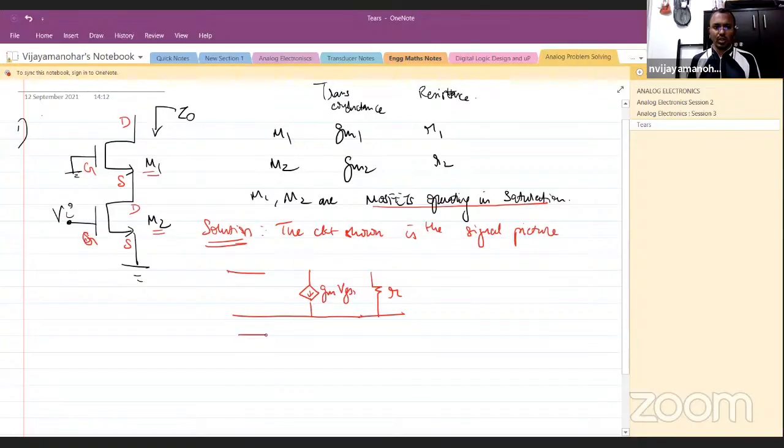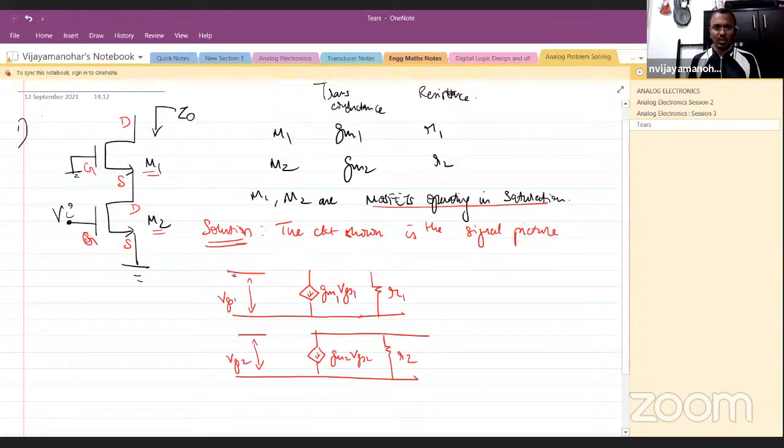Let us draw both the transistors. We have two transistors. This is gm1, VGS1, R1. We have gm2, VGS2, R2. And this is your VGS2. This is your VGS1.